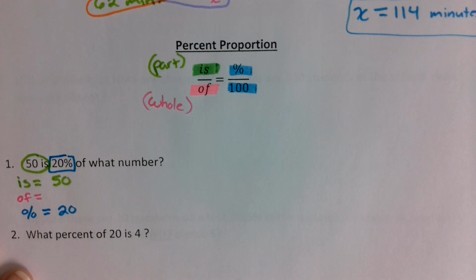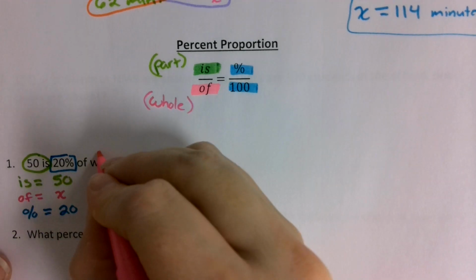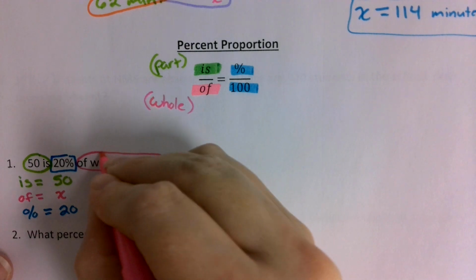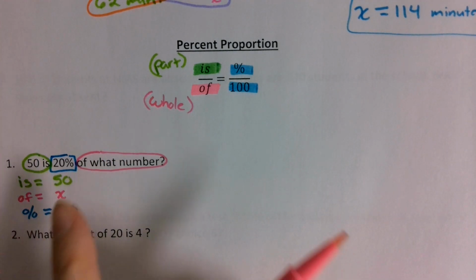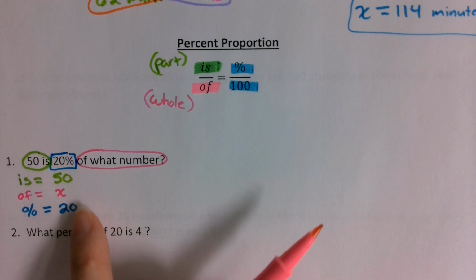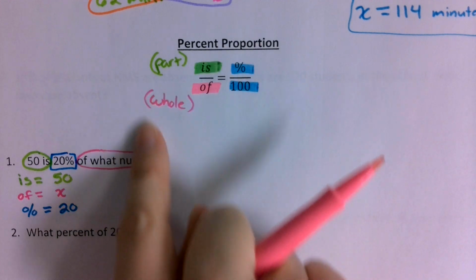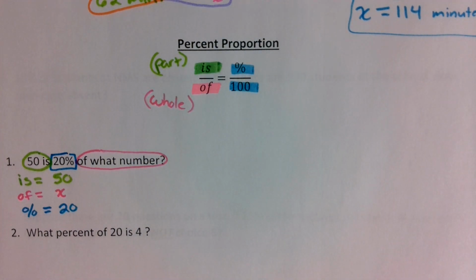Well, we don't know what that number is, so what do we put when we don't know a number? A variable, or x. Of what number is the portion that's missing. So now that we've identified what the value for is, of, and the percent are, we can put it into our percent proportion and then solve.